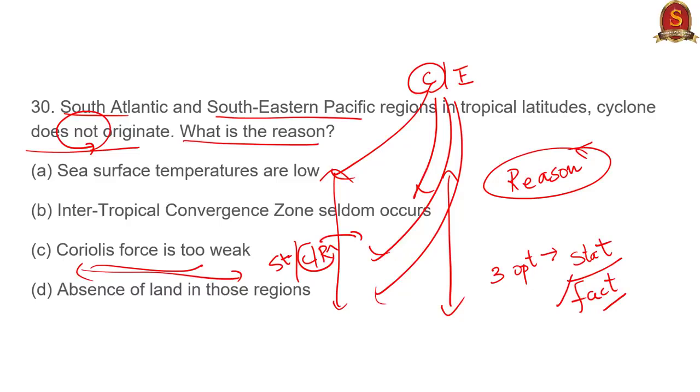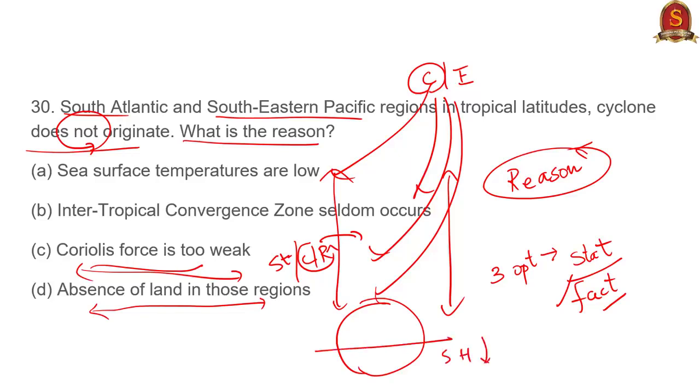Take this one, absence of land in those regions. If you take the southern hemisphere compared to the northern hemisphere, the southern hemisphere has a very low percentage of land. It is mostly water. So in the South Atlantic and the Southeastern Pacific, you don't find a large land mass. Again, this is a fact.